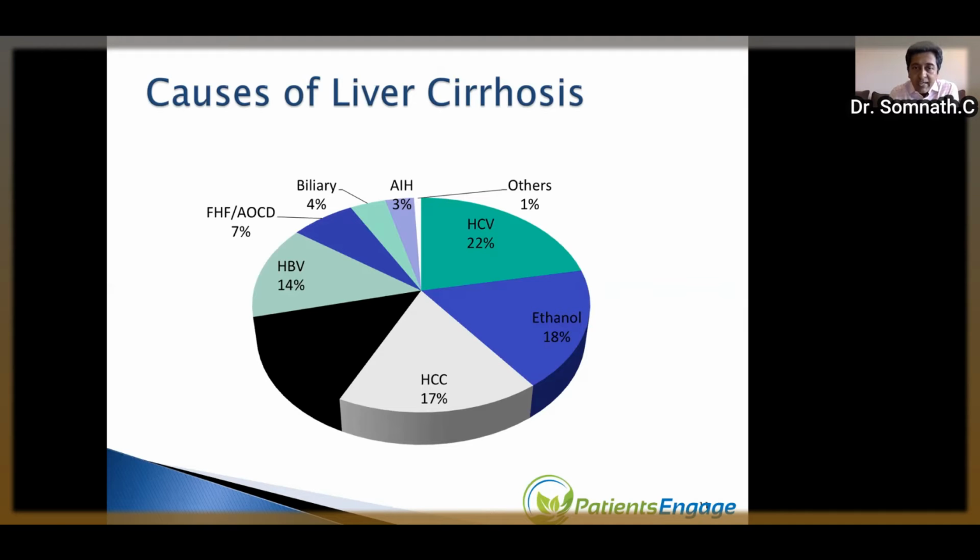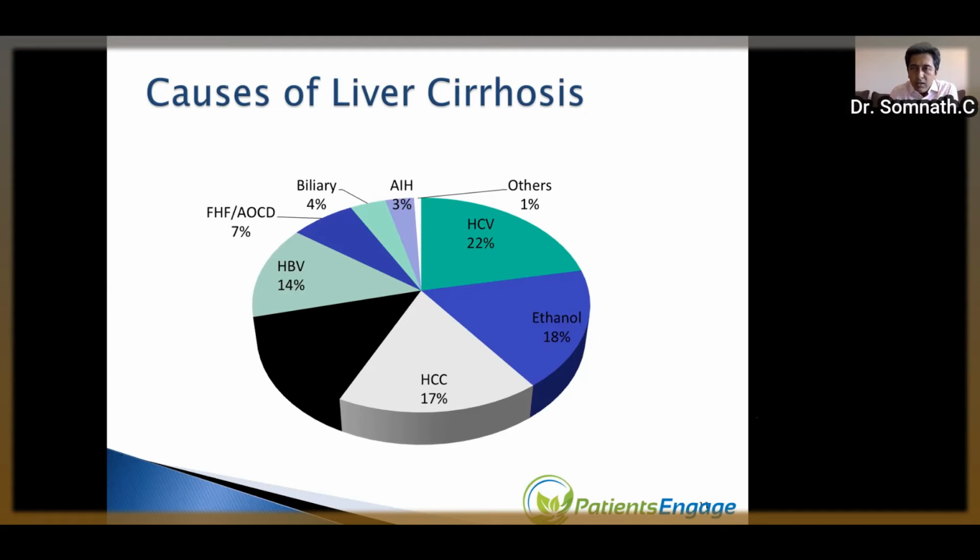This is around 20% of liver cirrhosis, which happens when the patient doesn't have any history of alcohol intake. And then there are other causes like hepatitis C, hepatitis B, liver cancers, liver failure, and then other causes in pediatrics and autoimmune diseases.